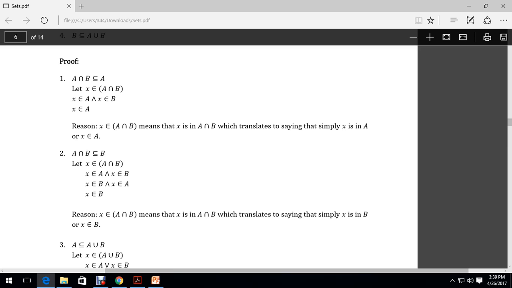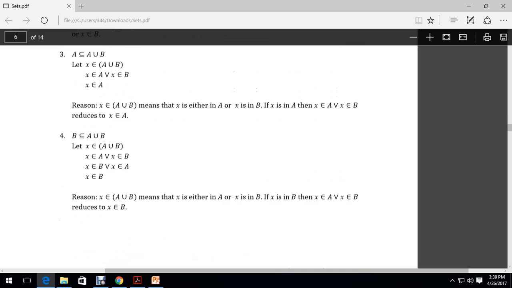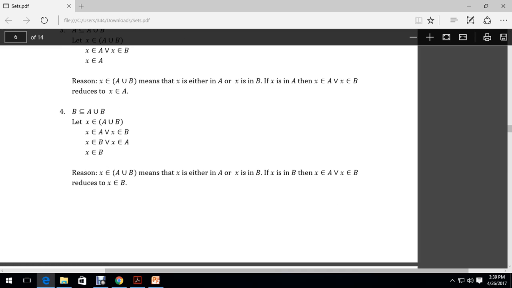The proof for number 2, the proof for number 3, and finally the proof for number 4.